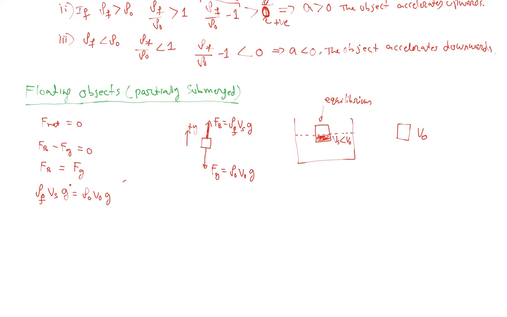Now g cancels in this equation from both sides, and we come up with a very important equation: Vs, the volume submerged, over the total volume, equals density of the object over density of the fluid. So Vs over Vo, this ratio, is the fraction of the volume submerged.